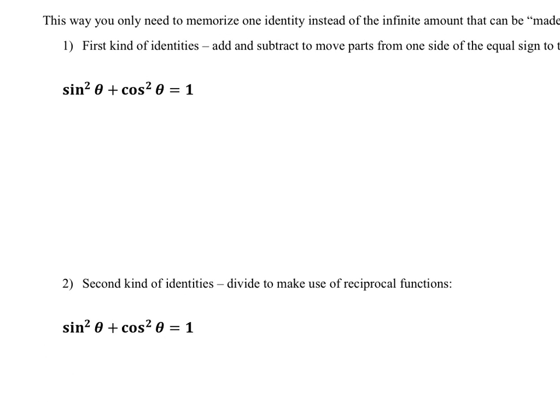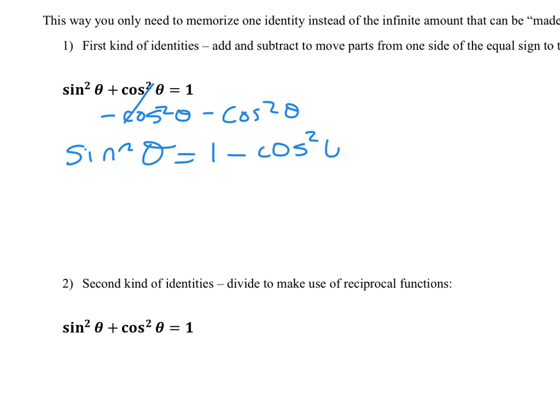So I can just rewrite this one, say I subtract cosine squared from both sides, it would cancel out from this side, and now I know that sine squared theta equals 1 minus cosine squared theta. So there's a new identity. I now know sine squared theta is equal to 1 minus cosine squared.